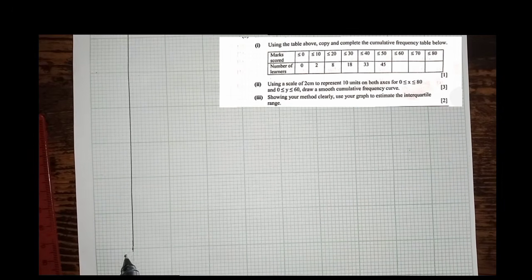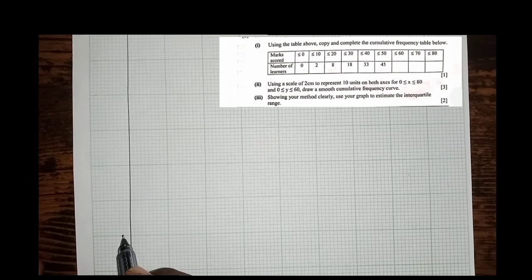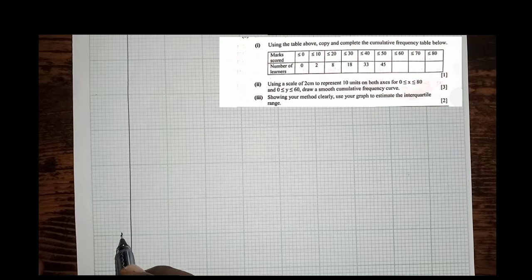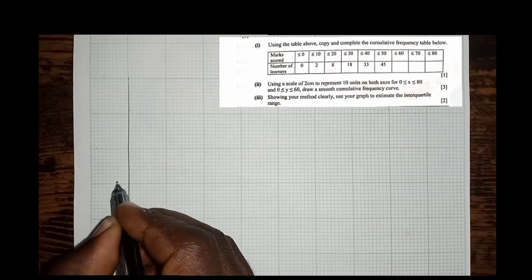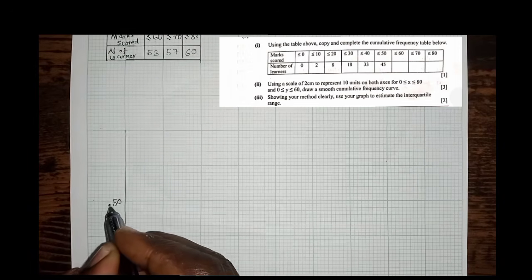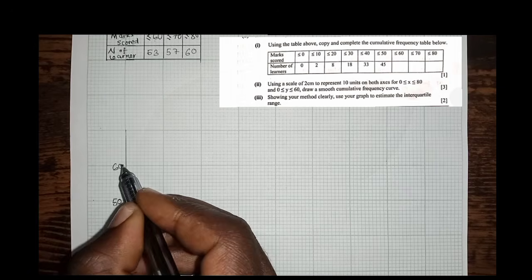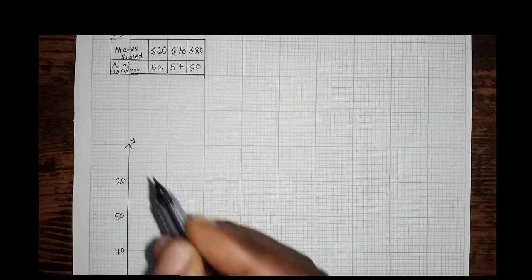So my 0 will be right here. They said up to 60 on the y-axis; they gave us the range. So it's 10, 20, 30, 40, 50, 60, right here. This is the y-axis.